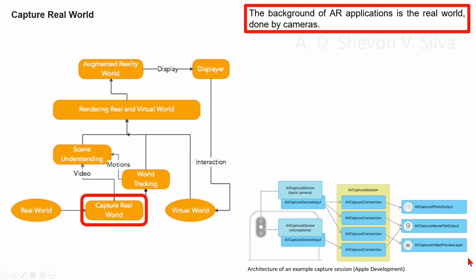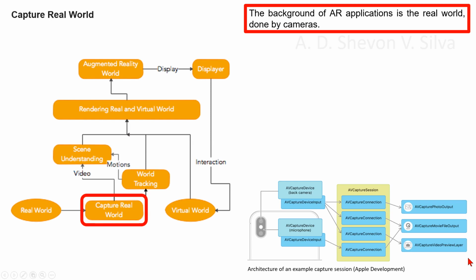AV capture video preview layer is a Core Animation layer, so you can display and style it in your interface as you would any other CA layer subclass. The simplest way to add a preview layer to a UIKit app is to define a UI view subclass whose layer class is AV capture video preview layer.